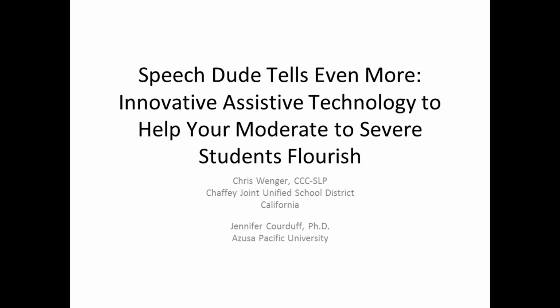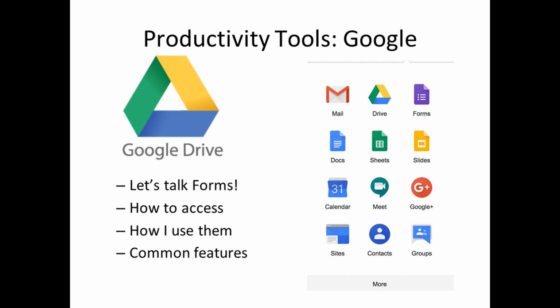So one of the tools that I want to present first today, in productivity tools, we often talk about Google Apps, and one thing that we haven't yet talked about in the series are Google Forms and how easy it is to create a form and use it to help your students. So I'm going to go ahead and share my screen.